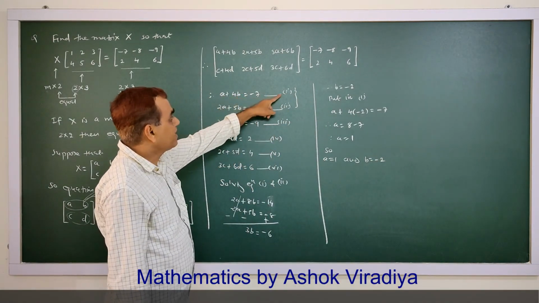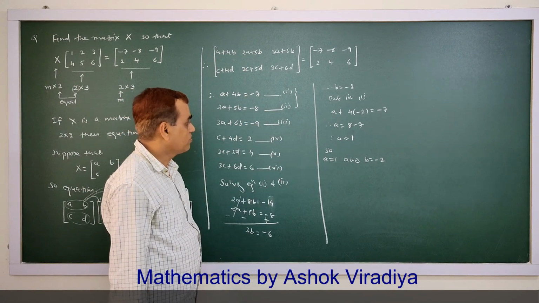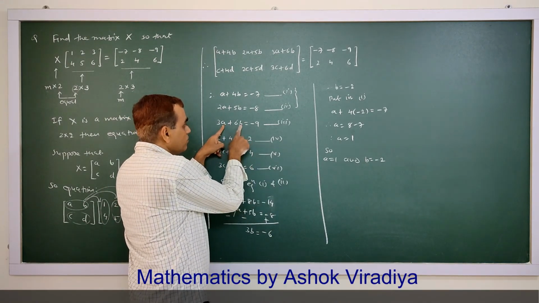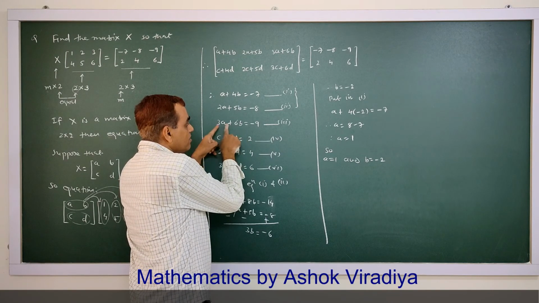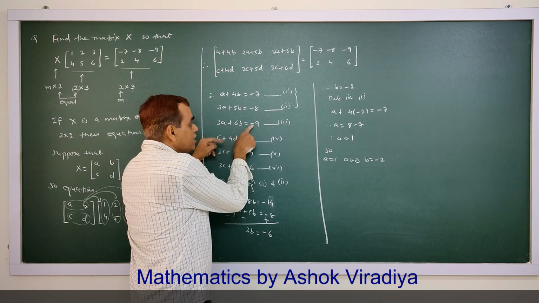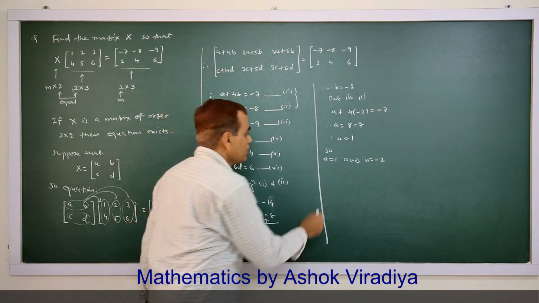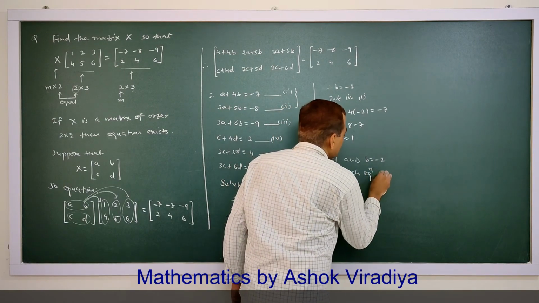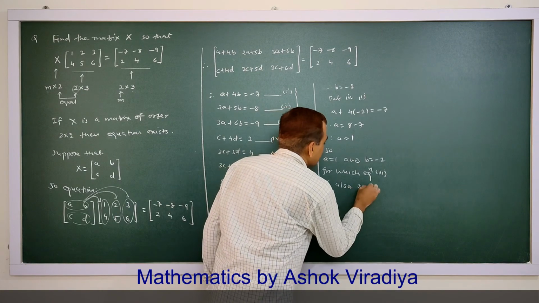So the solution of 1 and 2 is A 1, B minus 2. Now putting here A 1 and B minus 2, 3 into 1 is 3, minus 12, that is minus 9. So equation 3 is also satisfied.